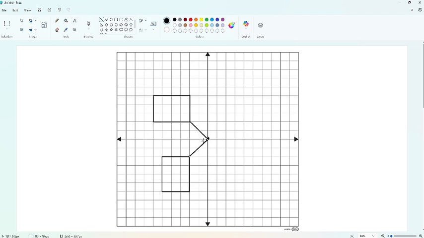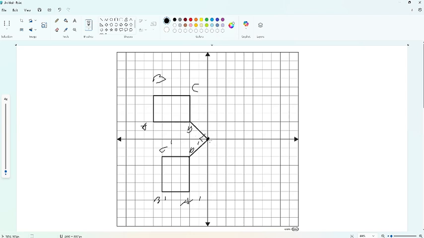So A, B, C, D, and now D prime, C prime, B prime and A prime. Notice how orientation stays the same. This is clockwise, this is clockwise. So this is 90 degrees.